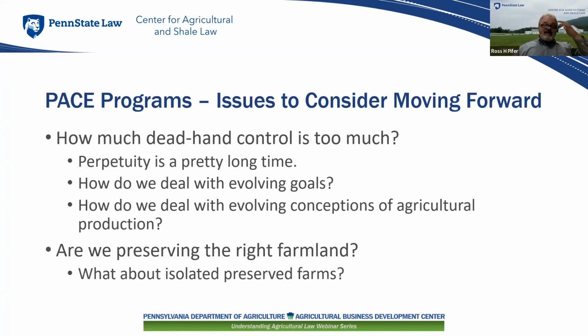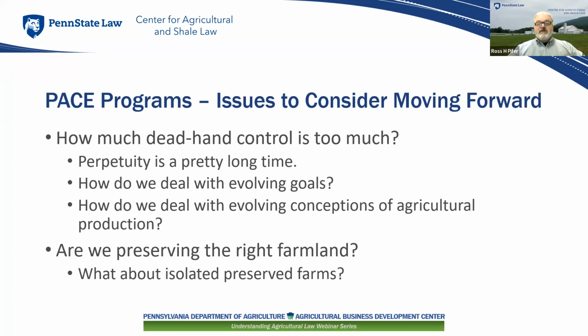And as we look at the fact that these easements are perpetual, I think that is one of the real strong points of these programs. But on the other hand, do we want to be tying up or restricting the land well into the future? Because circumstances do change. As we are committing the resources today to preserve the land, is this the right land to preserve?